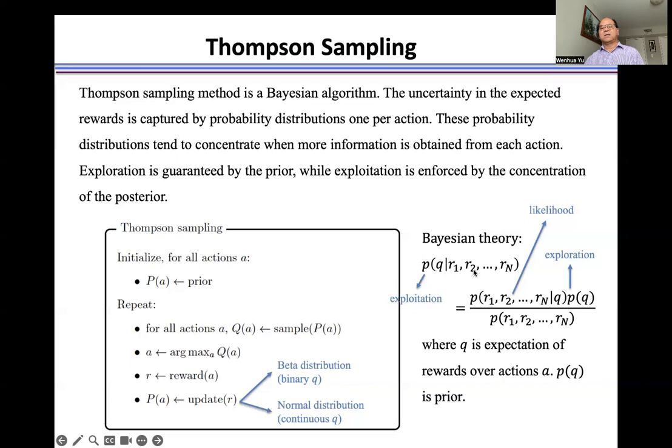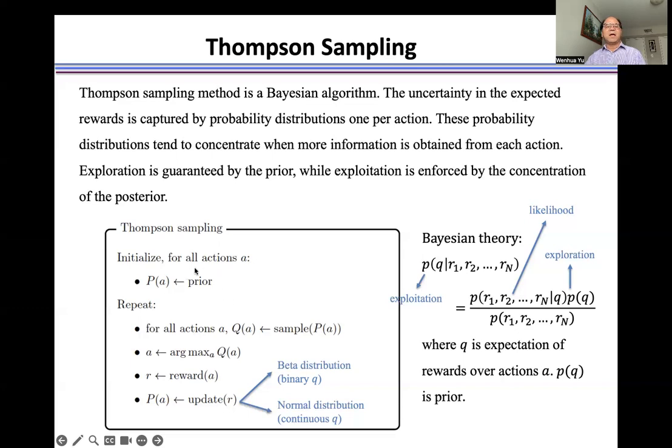Getting better means this expected reward is concentrated, or converges, to the optimal expected reward. That's the idea.